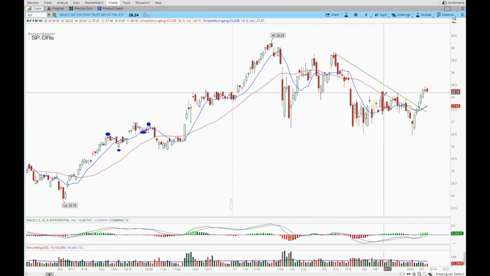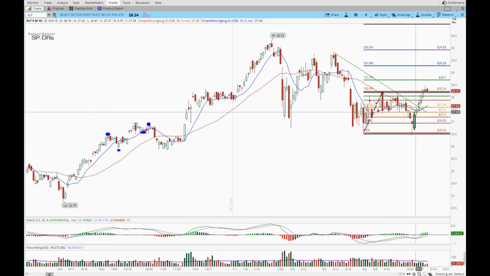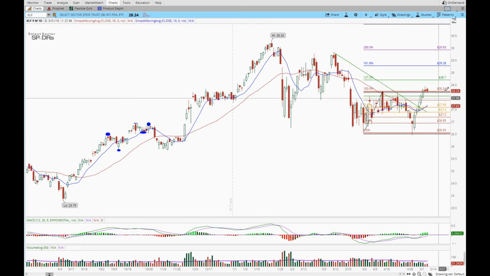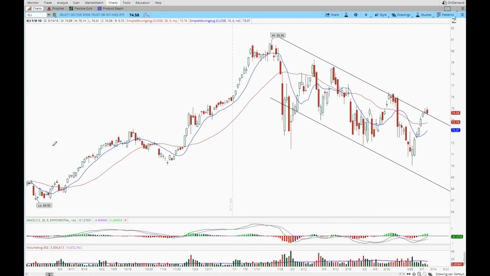If we see this move on the Fibonacci from here to there, we'll see that it came back down, then went up, and this one is a breakup test. 28.24, and it closed at 28.24. So it closed right at this level here. We'll see if tomorrow resumes the upside.